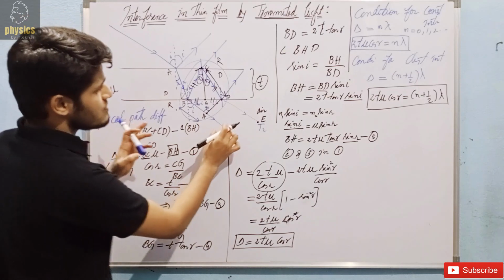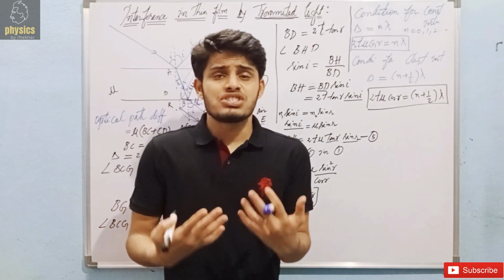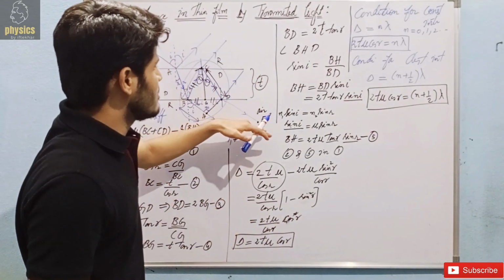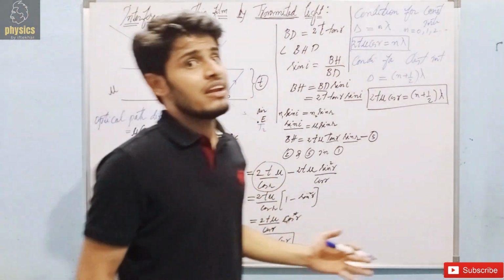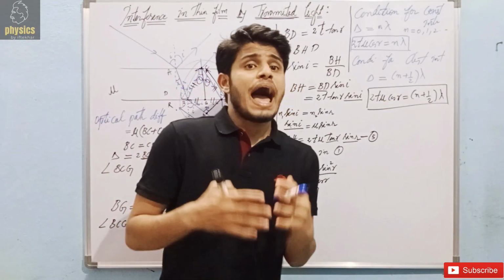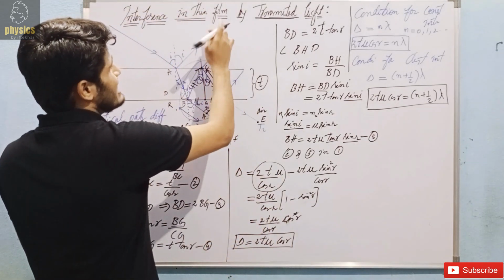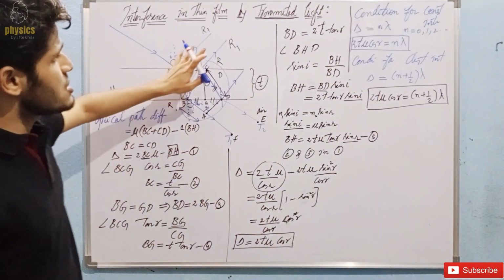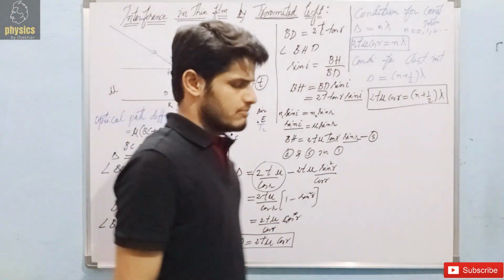The amplitude difference is more, that's why you won't get a sharp, distinct interference pattern due to the transmitted light rays. But when it comes to the reflected light rays, we are getting a sharp and distinguishable interference pattern. Why? Because the amplitude difference is less between these rays. That's why we will get a sharp interference here, but here the sharpness won't be there.